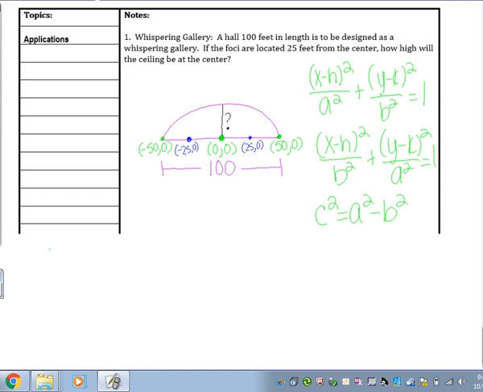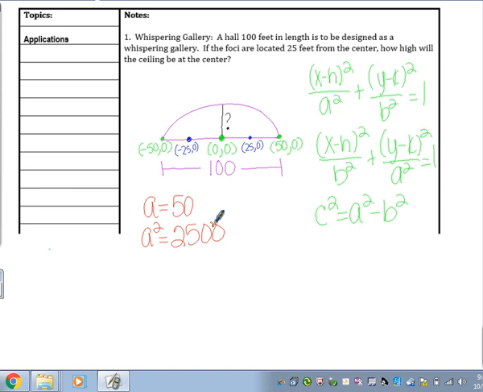So what do I know? Do I have any values? A squared. Well, yes, because what is A? A is 50, right? So what is a squared? 2,500. And what else did you say I had?